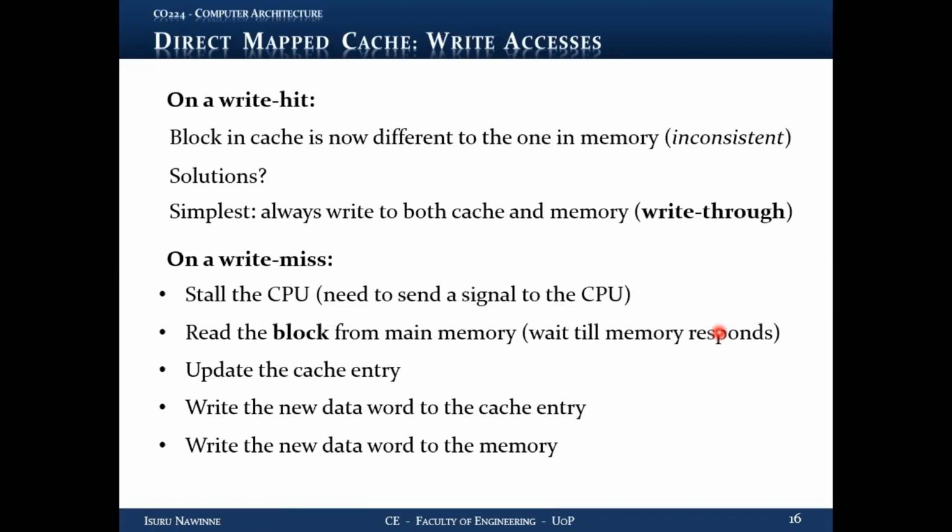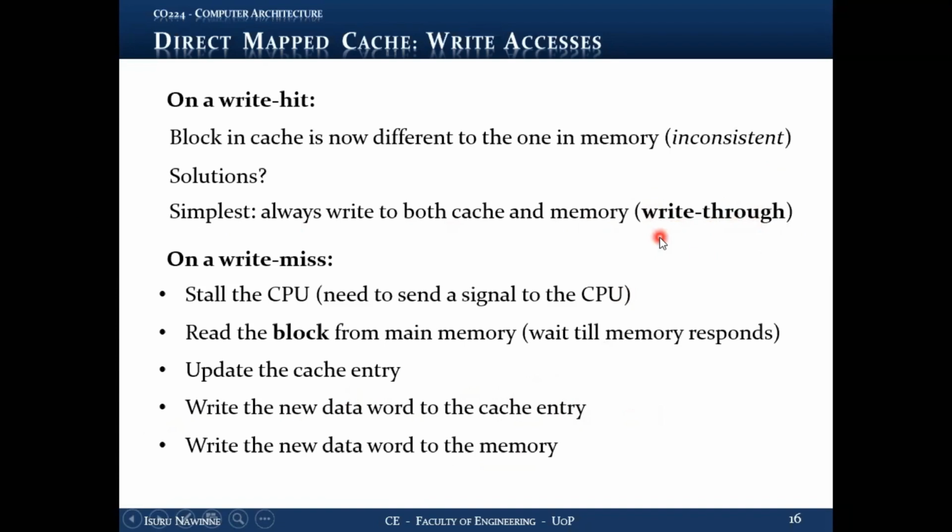Once the memory responds, you can update the cache entry. And updating, there are multiple parts: updating the cache data block, tag, as well as the valid bit, and then write the new data word to the cache entry and write the new data word to the memory, because the only write policy that we know so far is write through.